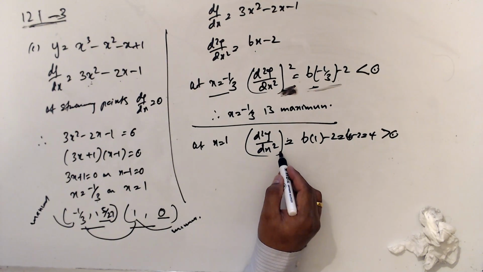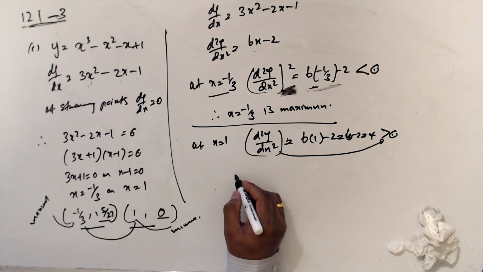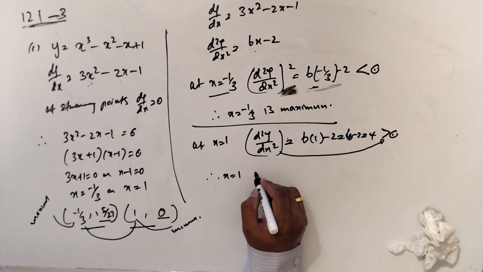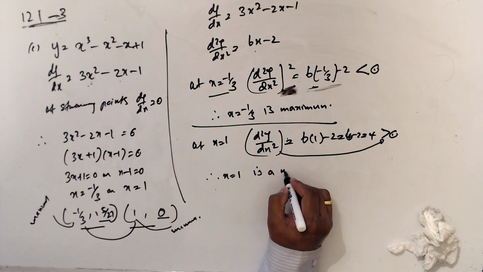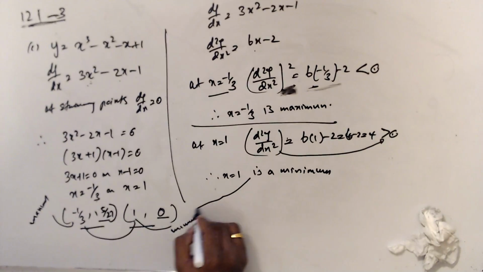So what do you know with double differentiation greater than 0, with the discussion we discussed? It is a minimum. Hence, x equal 1 is a minimum. So this point is a minimum.